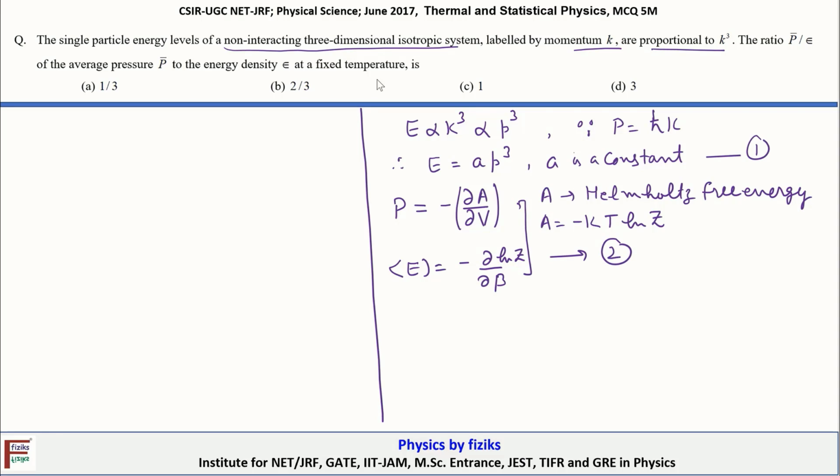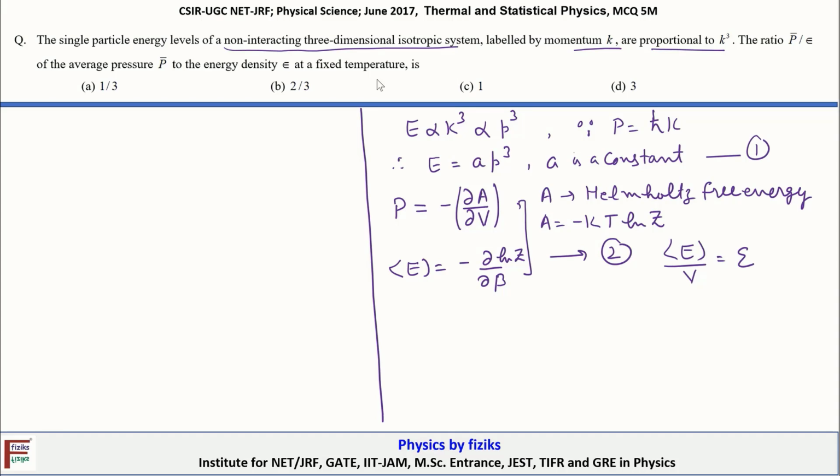So if somehow we are able to find the partition function, then we can quickly find the ratio between P and E. Actually, it's not the ratio between P and E, it is basically the energy density. So after finding the average energy, we need to divide the energy by the volume, which will give us the energy density, written like small e.